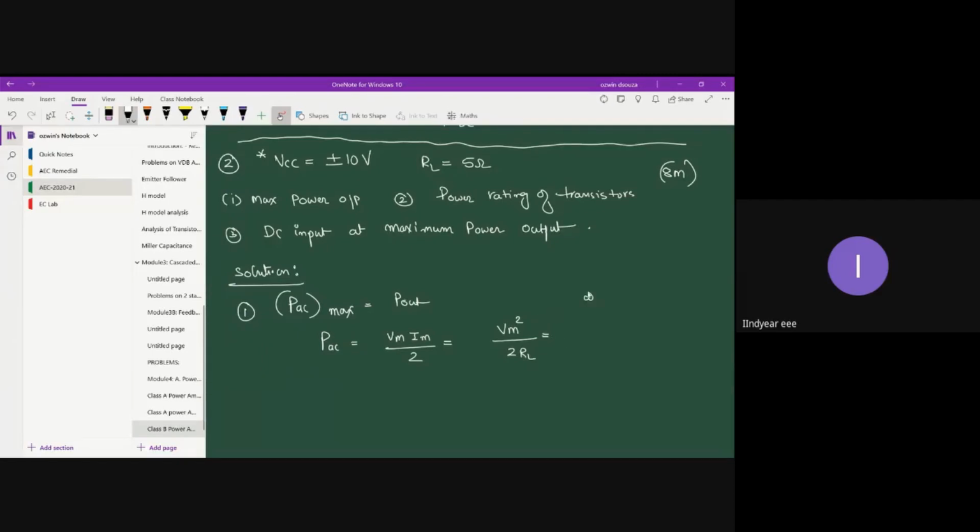At the maximum power condition, VCC is equal to VM, right? So VM square needs to be replaced with VCC square. So it is VCC square divided by 2 RL. So you will get PAC maximum.